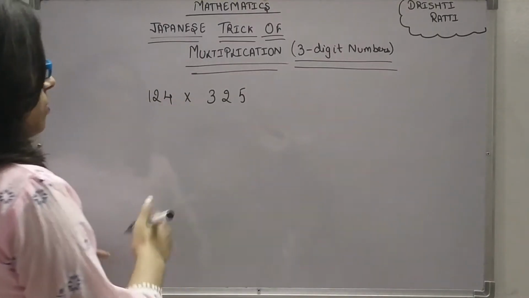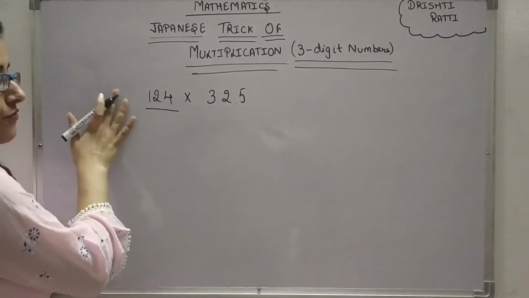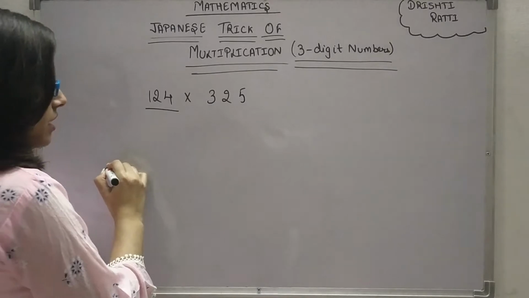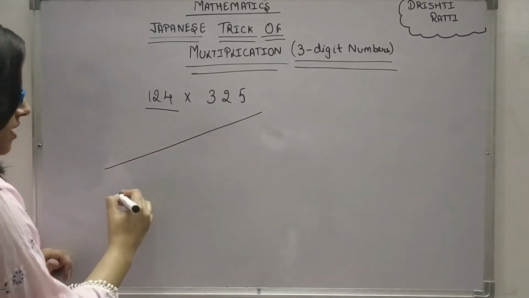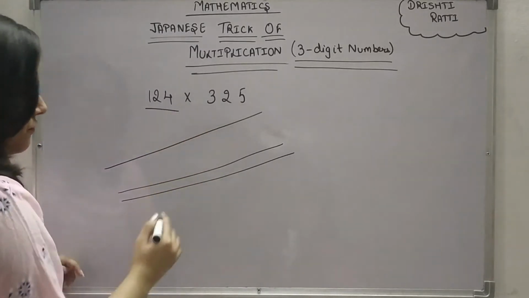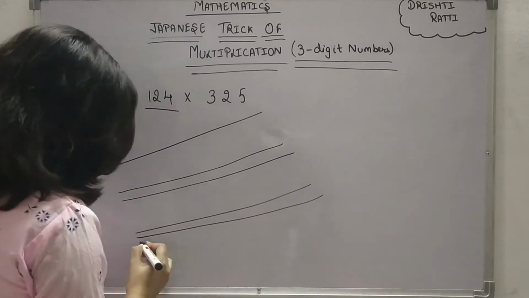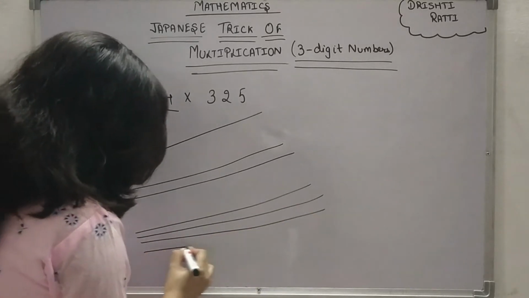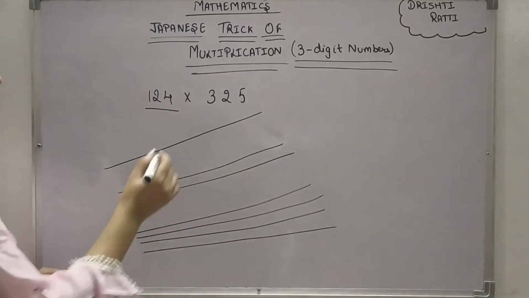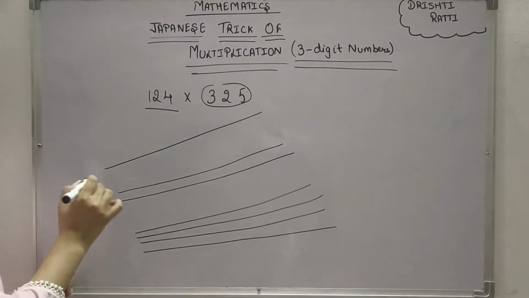So first of all, we have to make lines for this number 124. For this number, I will start making lines like this. 1, then it's 2, then it's 4. 1, 2, 3 and 4. Next, we have to make lines for this number 325.